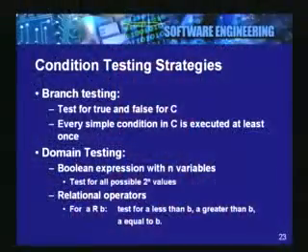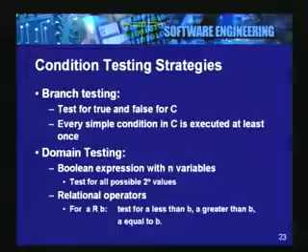For example, you could have a branch testing policy which says that for a condition C, you test for true and false for C, and make sure that every simple condition in C is executed at least once. This criteria could be designed from the point of view of composition of conditions.